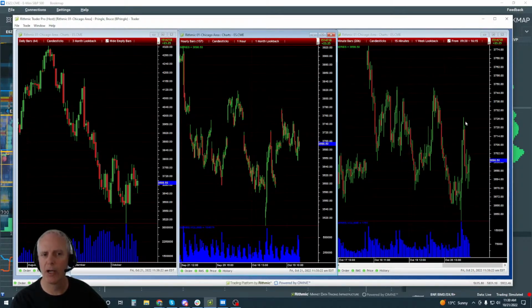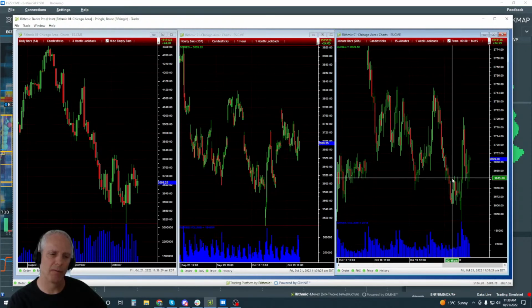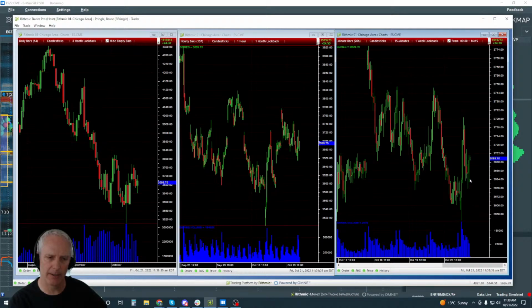Okay, we got that one. We saw the sellers roll in, then we were looking for them to take control on the smaller time frame, and we were looking for the move back down to about 86 here. They went a bit lower, but look at the buying tails down here.